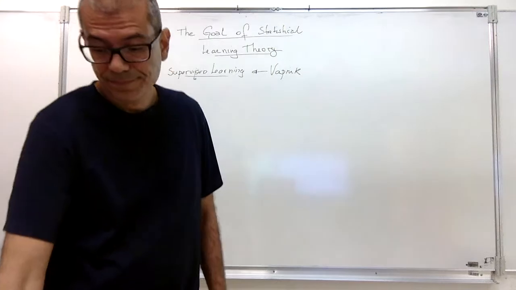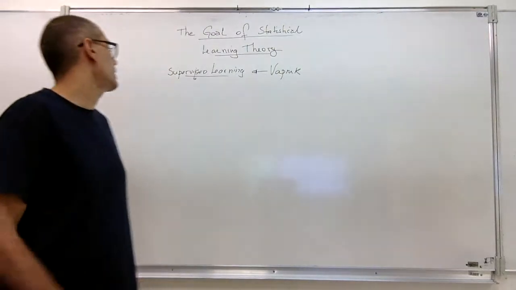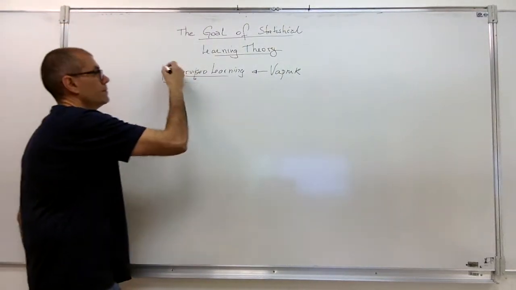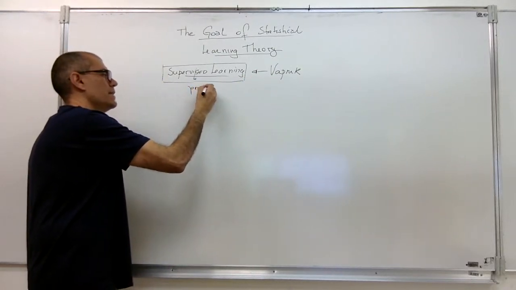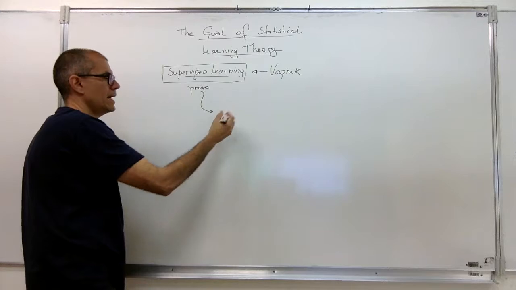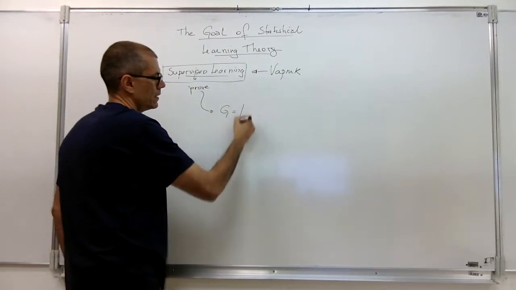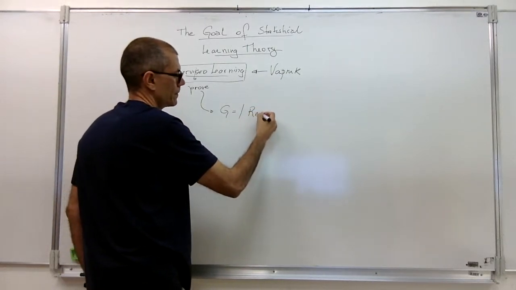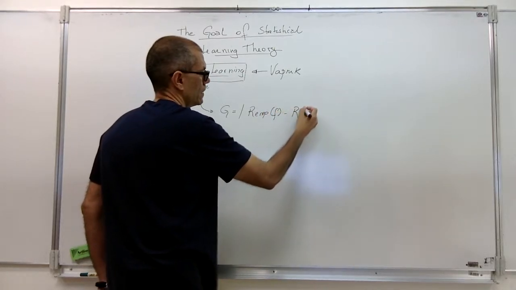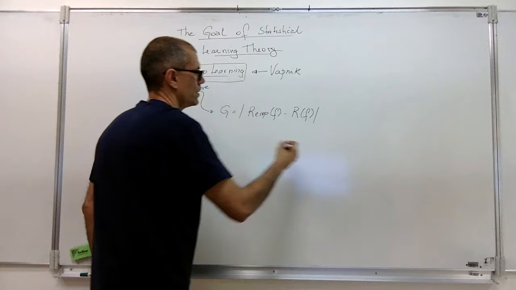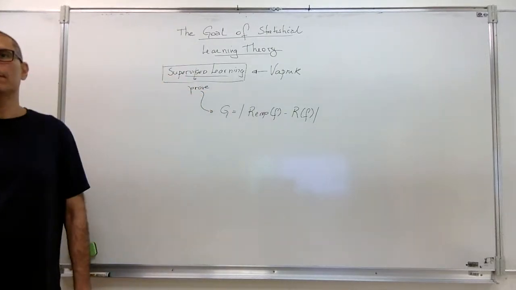So at the beginning, I define how we can prove learning. The basic idea that Vapnik had was to define a generalization term, and this generalization term helps us to understand how learning will happen.